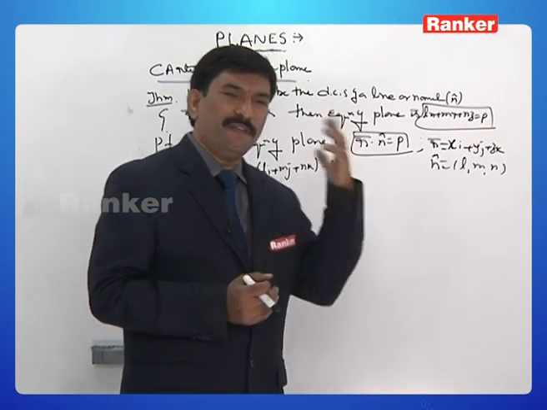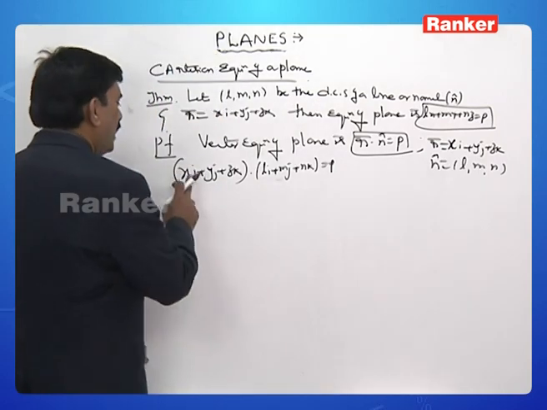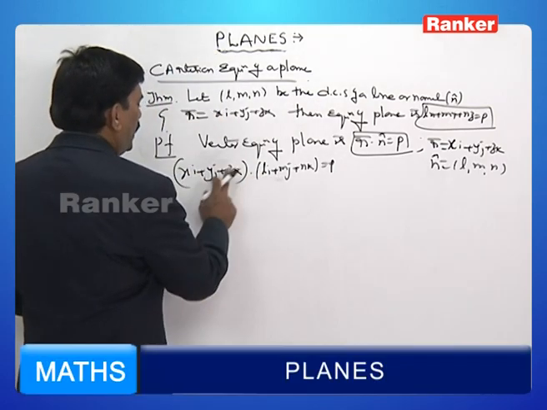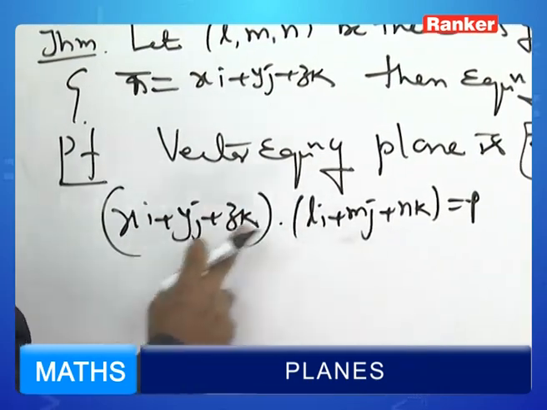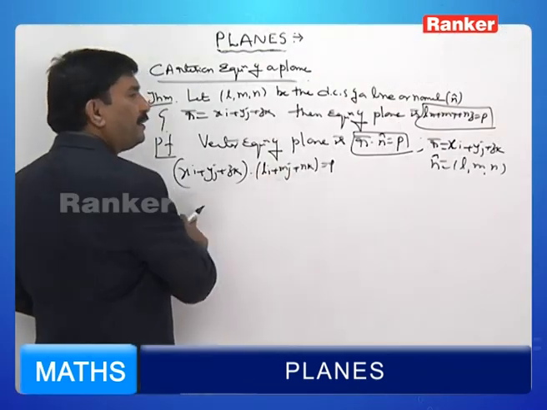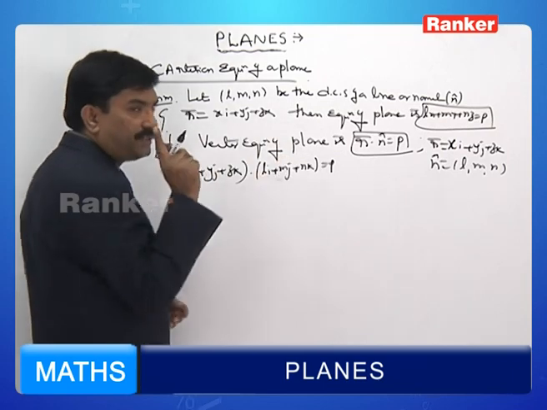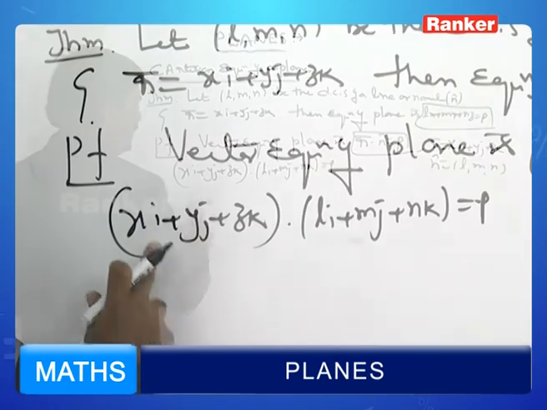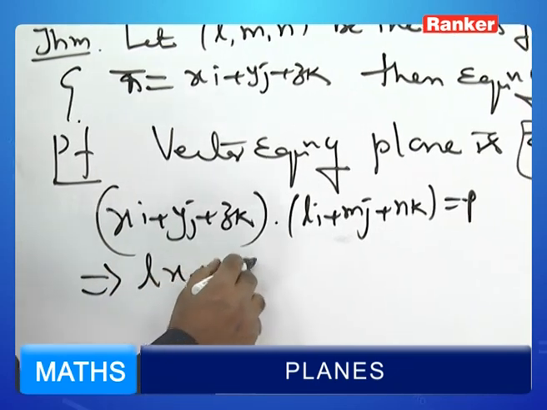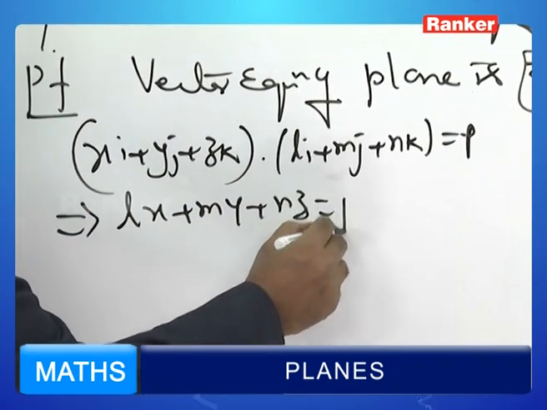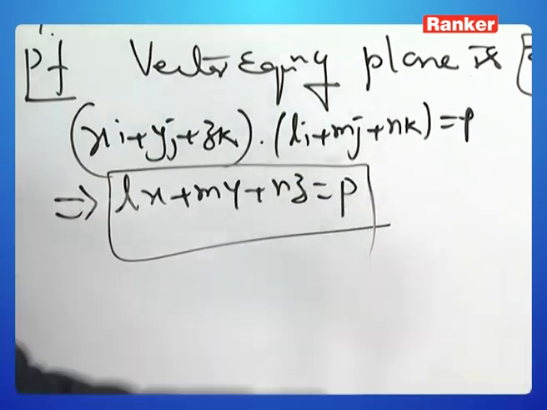So therefore, now what I can write? i dot i is equal to 1, i dot j 0, i dot k 0, j dot i 0, j dot k 0, j dot j 1, k dot i 0, k dot j 0, k dot k is equal to 1. So therefore, I can write lx plus my plus nz is equal to p.